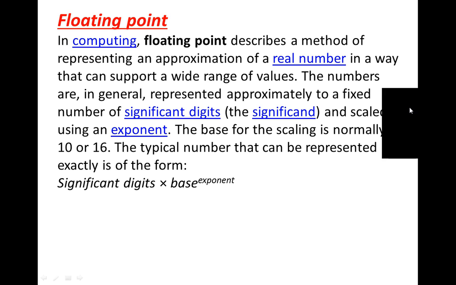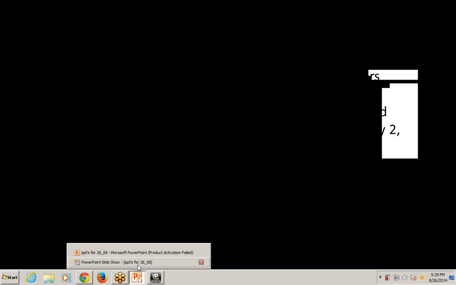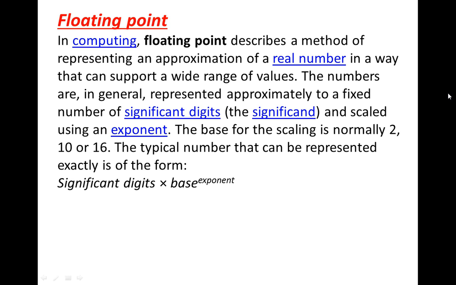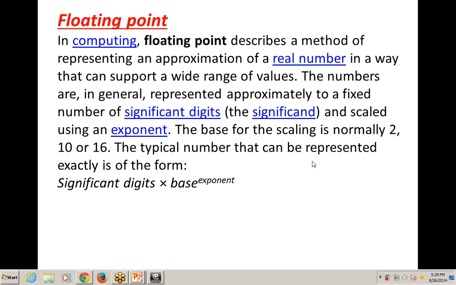Simply use the significant bits and multiply by the base raised to the exponent. The power applies only to the base, that is the exponent. This is how we can represent floating point in a computer system.